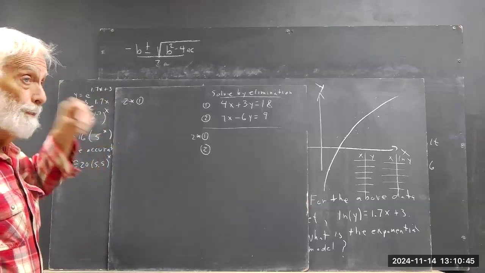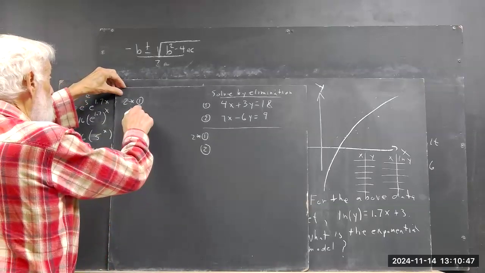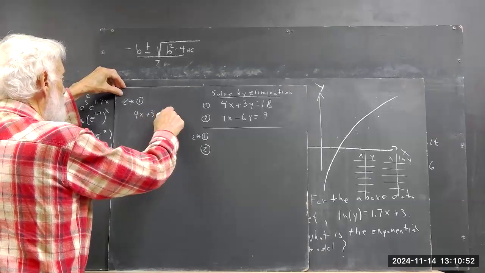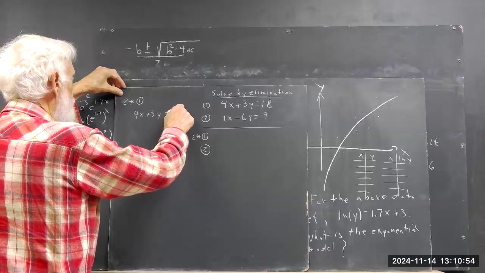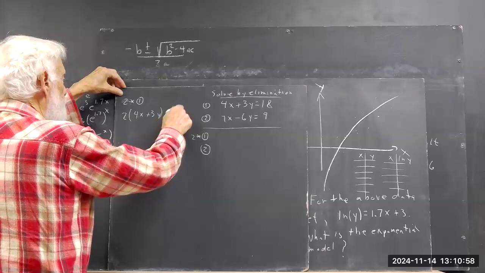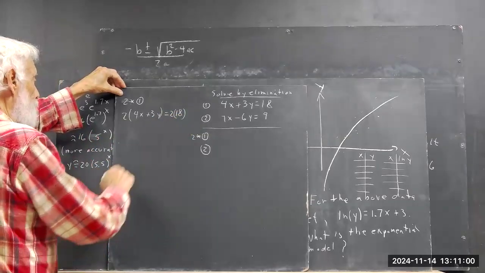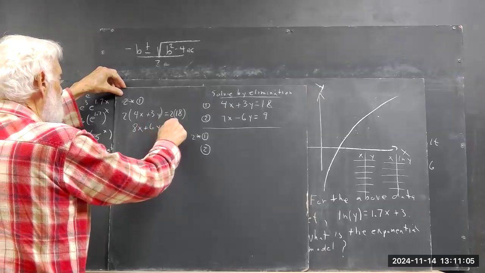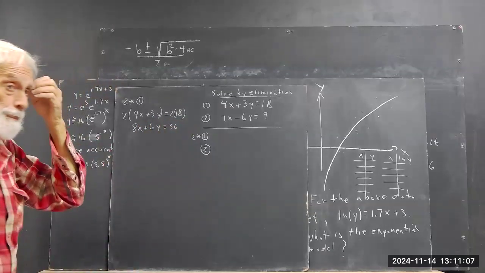So I'm going to take equation 1 and multiply 2 by this side, and multiply 2 by this side, which is going to give me 8x plus 6y equals 36.